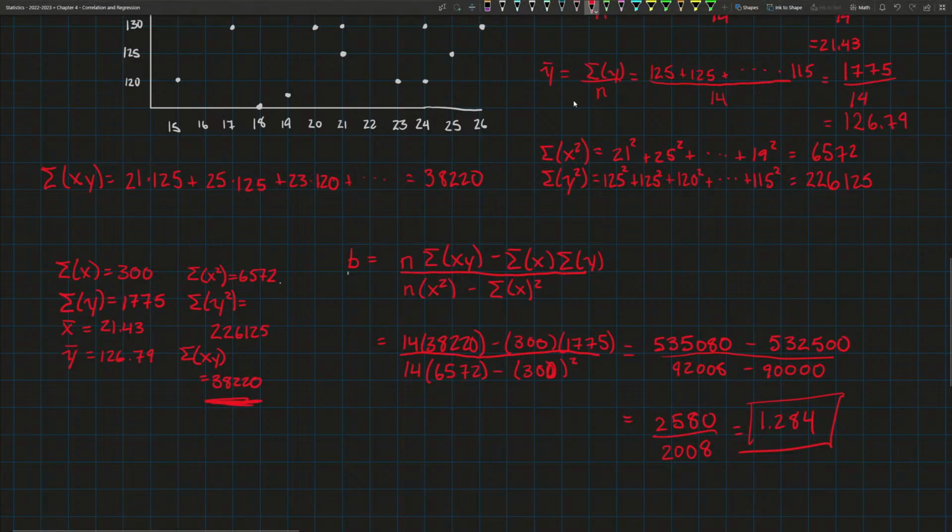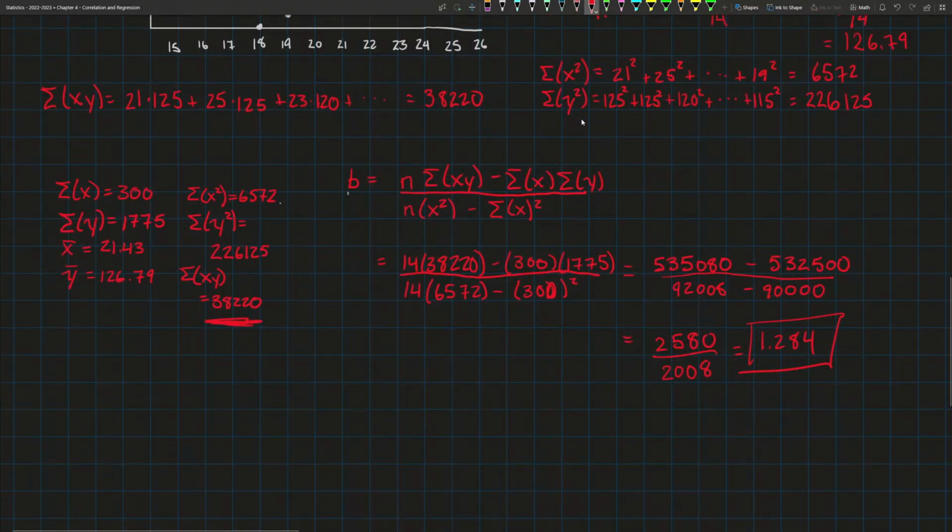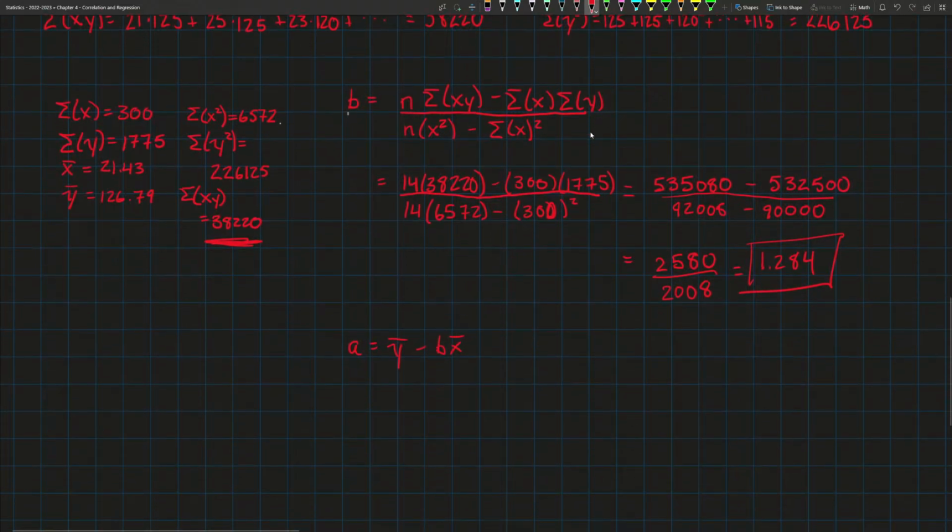Okay. So then now we have to find A. A is equal to the average of the y's minus B times the average of the x's. So the average of the y's is 126.79. Our slope was 1.284 times the average of the x's, which was 21.43.